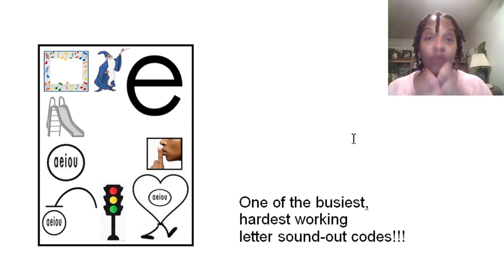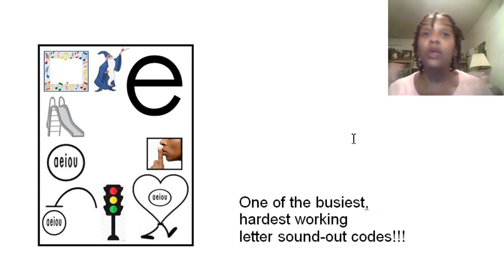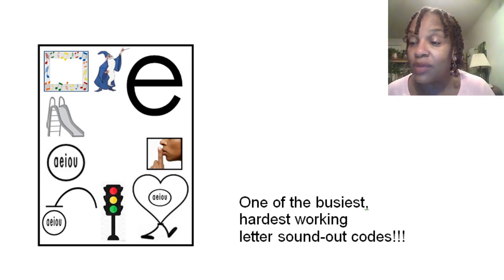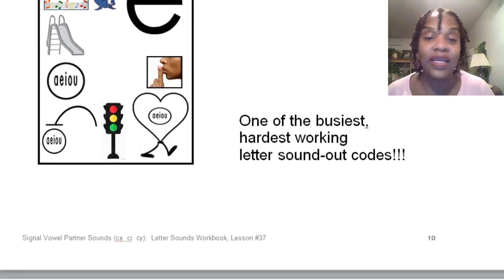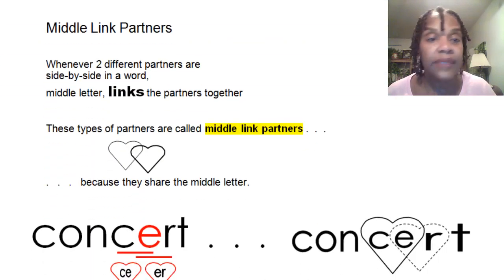Again, if you can decode this letter E, whenever you see it in a word, depending on where it is and who it's partnered with, you'll be able to sound out a whole lot of stuff, all right? So again, it's one of the hardest working letters in the alphabet.